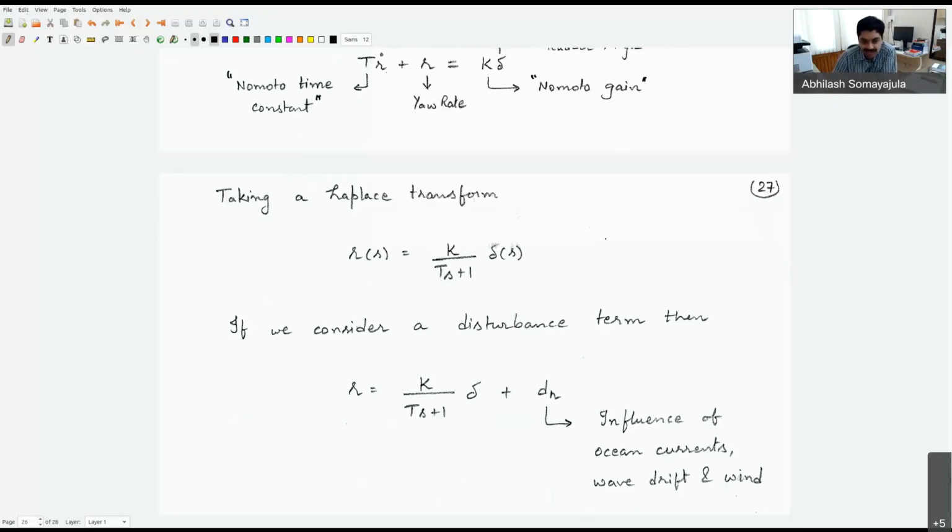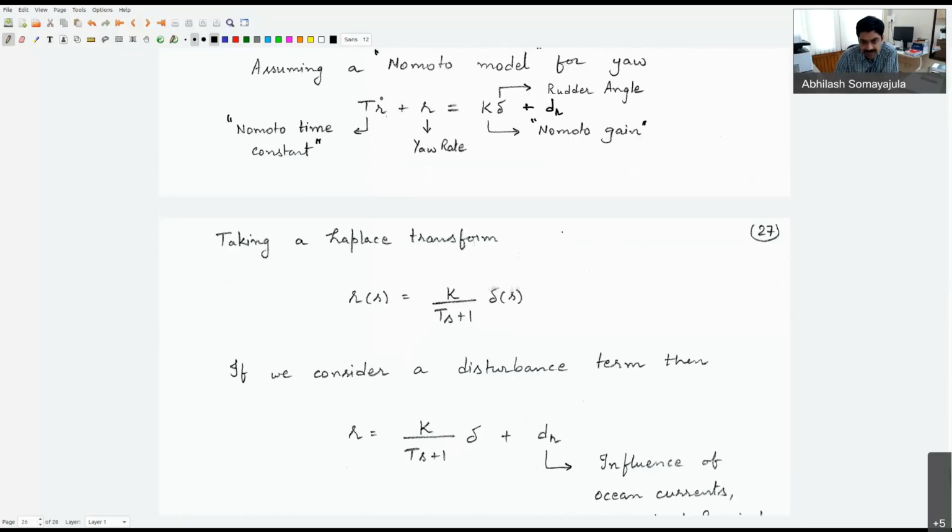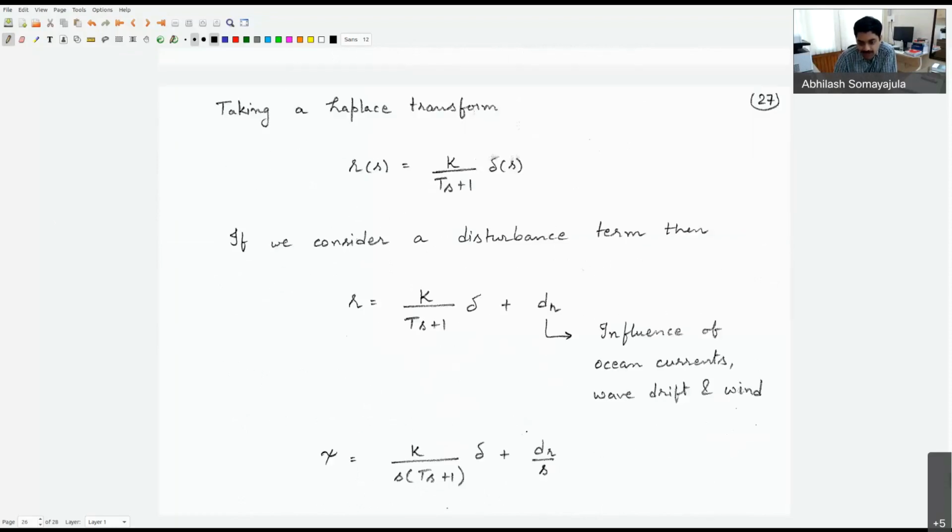Now, consider that in addition to this yaw dynamics, which is purely representing the hydrodynamic phenomenon, there is an additional disturbance which is coming in, which I will call d_r. That d_r basically is capturing the influence of, let's say, ocean currents, wave drift, and wind.